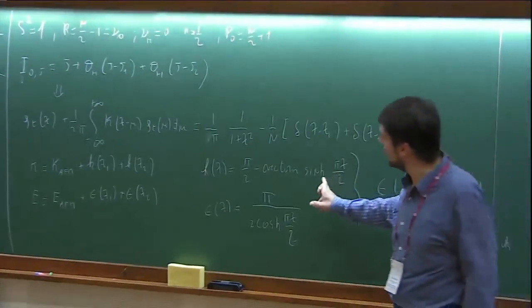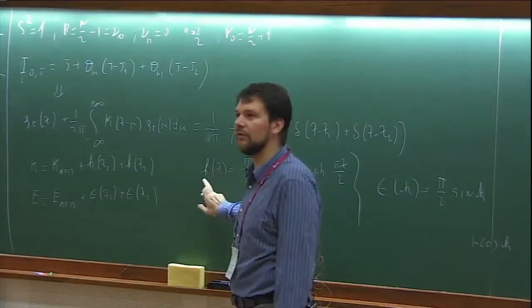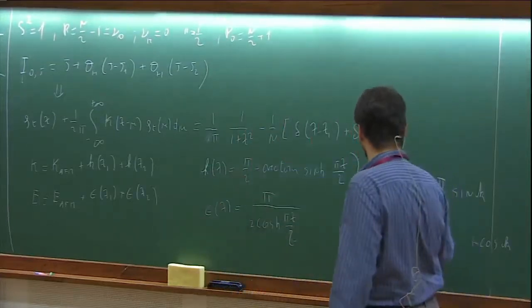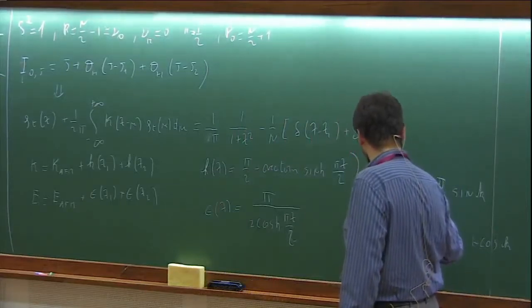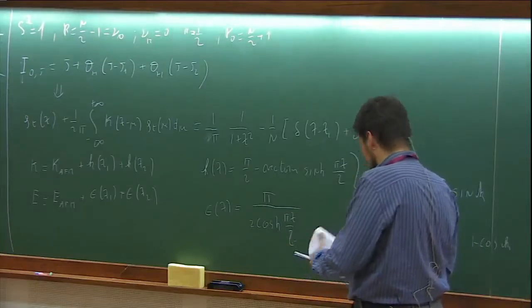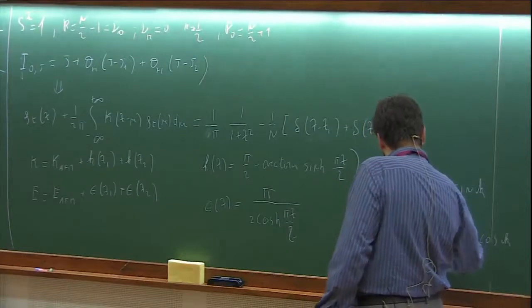Moreover, if you substitute the range of lambda going from plus infinity to minus infinity, you recognize that the range of this momentum goes from minus pi over 2 to pi over 2.